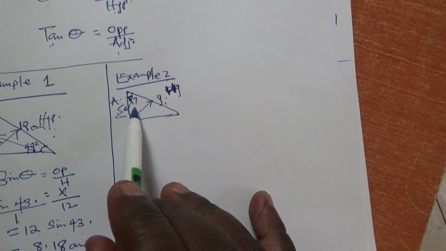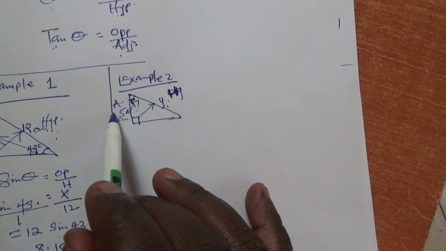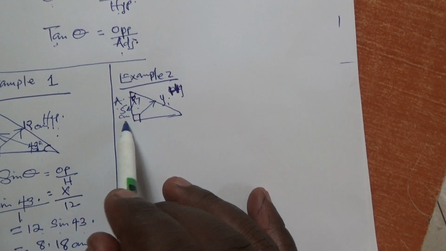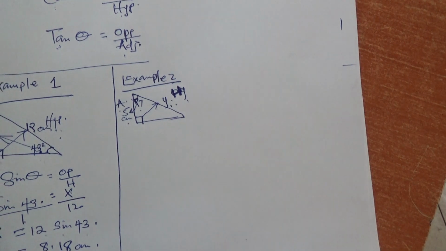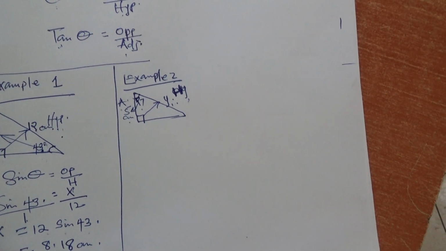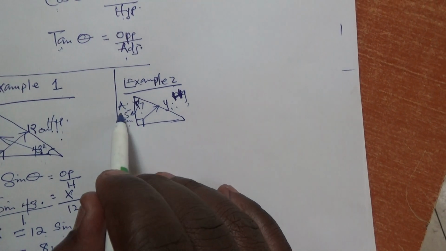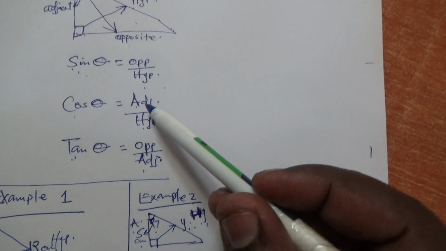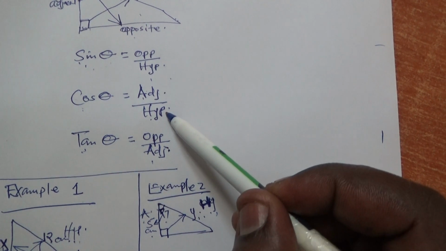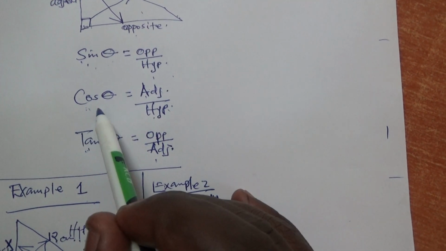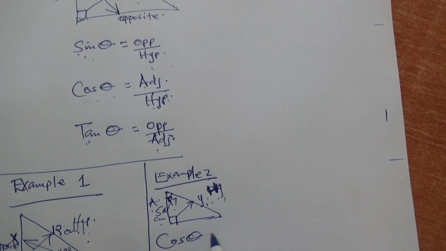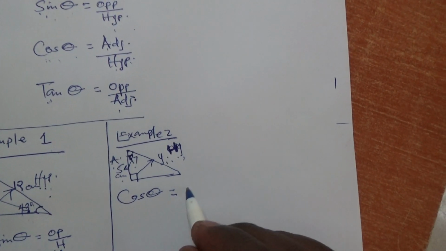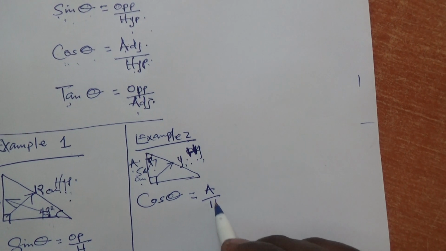So when we have an angle 27, an adjacent side of 5 centimeter, and a known side which is the hypotenuse, how can we find the hypotenuse? We have adjacent and hypotenuse. When you have an adjacent and a hypotenuse, then you are going to find the cosine. So cos theta is equivalent to adjacent over hypotenuse.